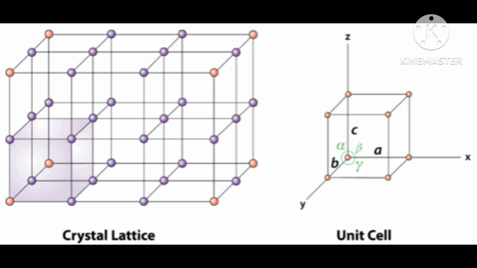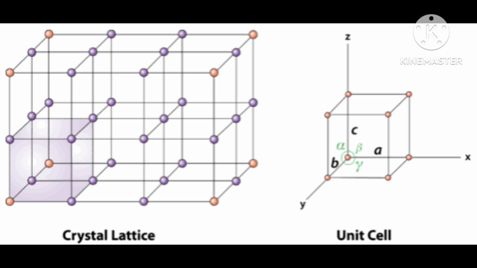These are the edges. The three edges are always represented by small a, small b and small c. These edges may or may not be mutually perpendicular, meaning 90 degrees. This is the first thing.